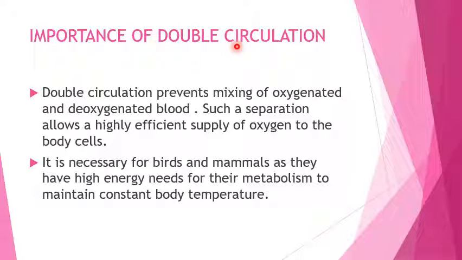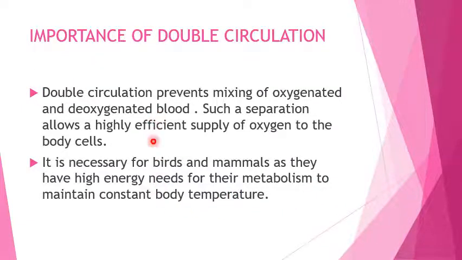Why is it significant? Double circulation prevents mixing of oxygenated and deoxygenated blood. Such a separation allows the highly efficient supply of oxygen to the body cells. It is necessary for birds and mammals as they have high energy needs for their metabolism to maintain a constant body temperature.